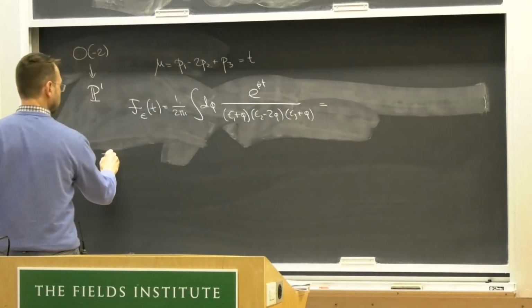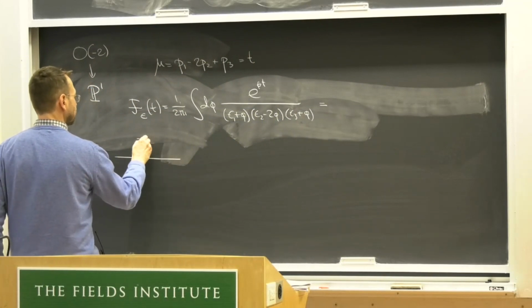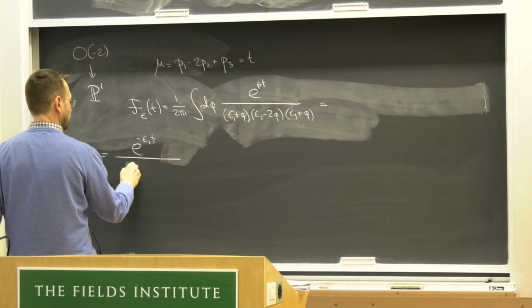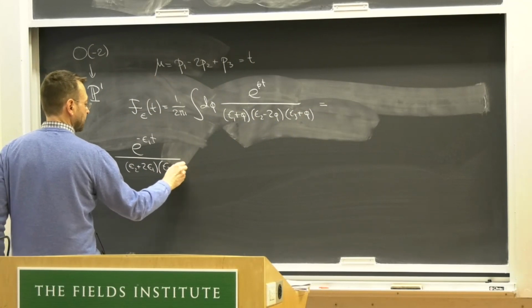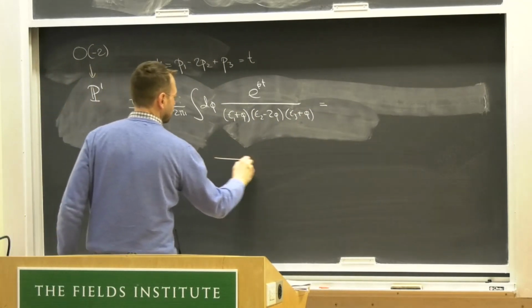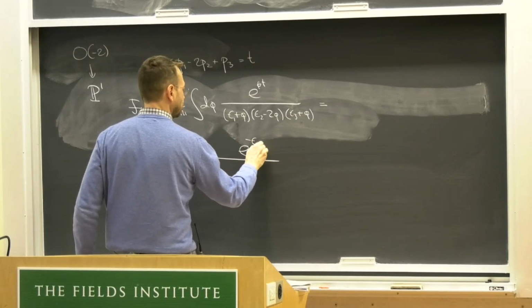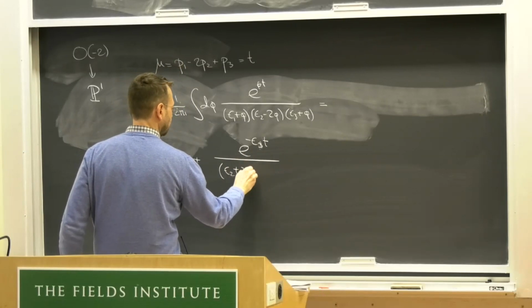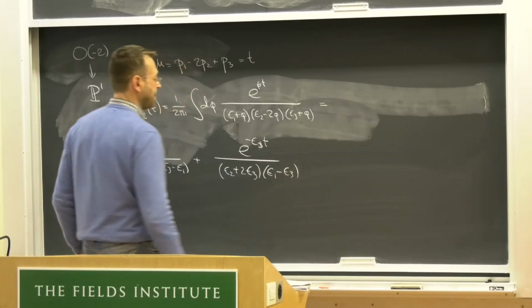So if I do it, I will get the following. I will get e to the minus epsilon 1 t, and then I will get epsilon 2 plus 2 epsilon 1, epsilon 3 minus epsilon 1, plus e to the minus epsilon 3 t, and then I will get here epsilon 2 plus 2 epsilon 3, epsilon 1 minus epsilon 3.